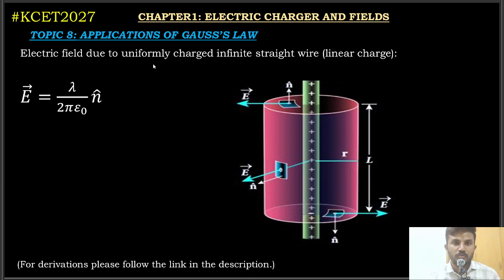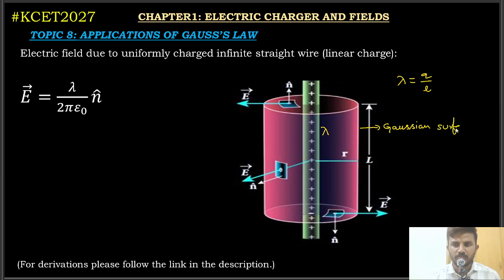The electric field due to a uniformly charged infinite straight wire: here we have a uniformly charged infinite straight wire where the charge density is lambda. What is charge density lambda? That is linear charge density, given by charge per unit length. So due to this linear charge, what is the electric field at a radial distance, where we are considering the Gaussian surface, and then we derive the expression for electric field.